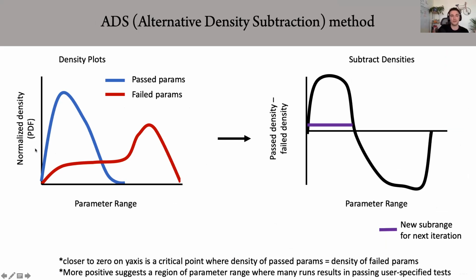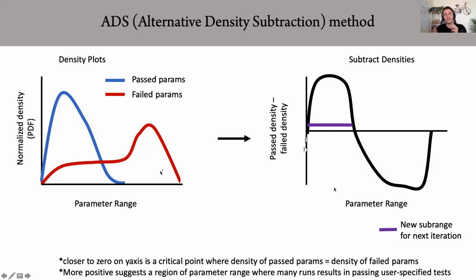So what you do is normalize the densities so that they exist along the same y-axis for each parameter, and you subtract the failed density values from the pass density values in order to see where along this parameter range the parameter values were more likely to result in runs that passed than runs that failed. And you pull as your new subrange all the areas that are continuous that have a positive value after performing your ADS method of refining parameter space.